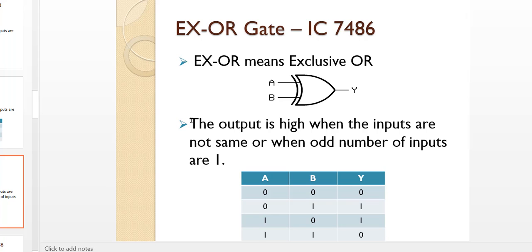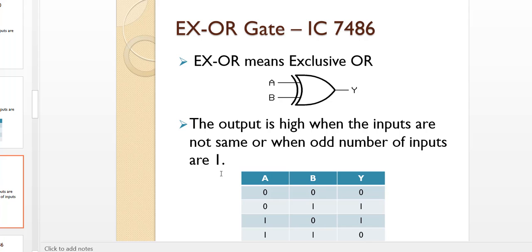So the statement says the output is high when the inputs are not the same, or when an odd number of inputs are 1. So for 0 0 the output will be 0. For 0 1 the output will be 1. For 1 0 the output will be 1. For 1 1 the output is 0.